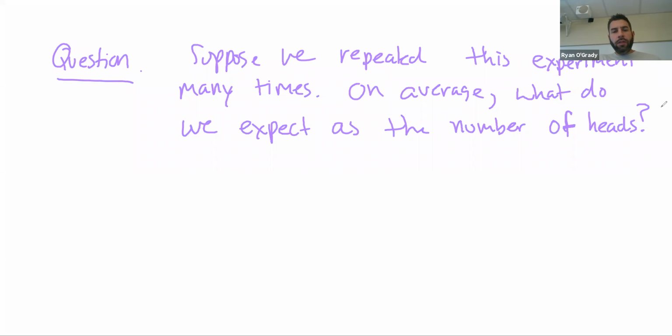So each one of you does the experiment 10 times, and then 10 times 30 is 300. And then we can put all our data together. You could say, okay, these times I got this many heads, that time I got this many heads, etc. And then we can ask, on average, how many heads did we get in all 300 trials?